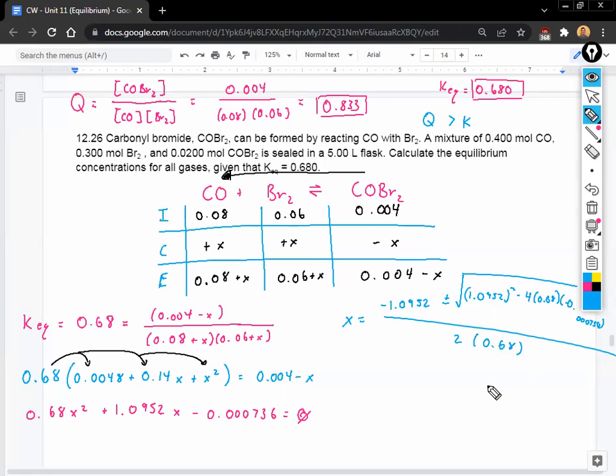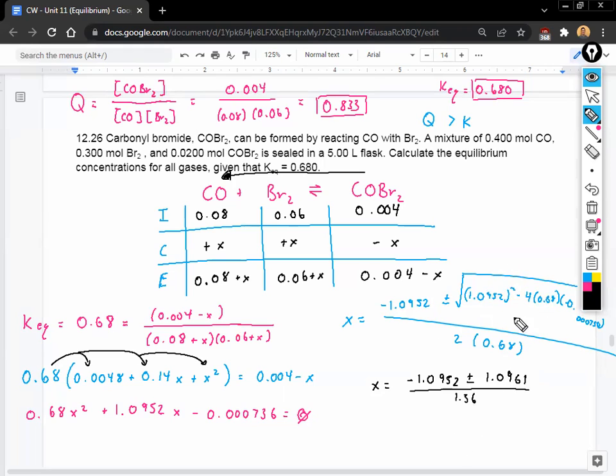Sorry, I'm running out of space here. But if we simplify this down, we should end up in a place where we have two options. We're gonna come to a place where we have x equals negative 1.0952 plus or minus 1.0961, divided by 1.36.